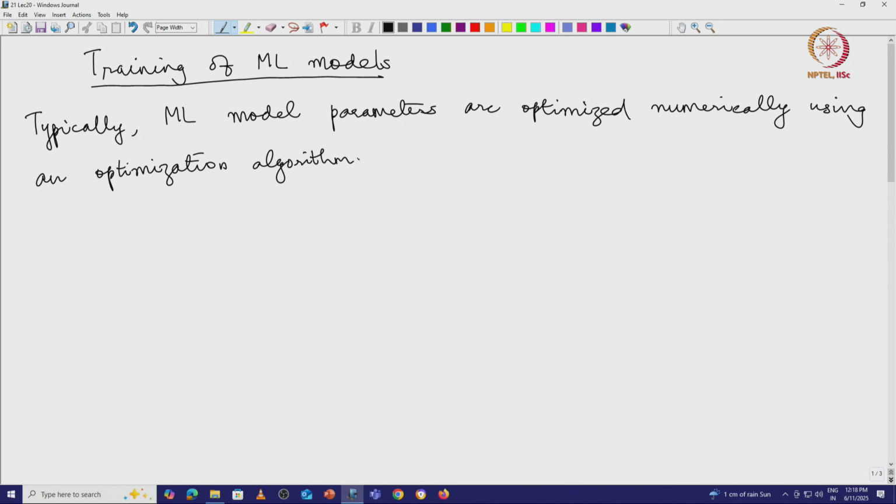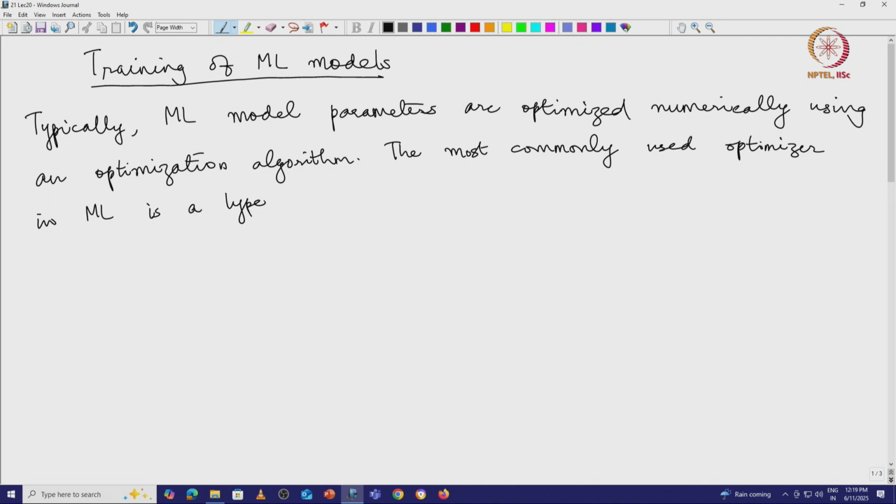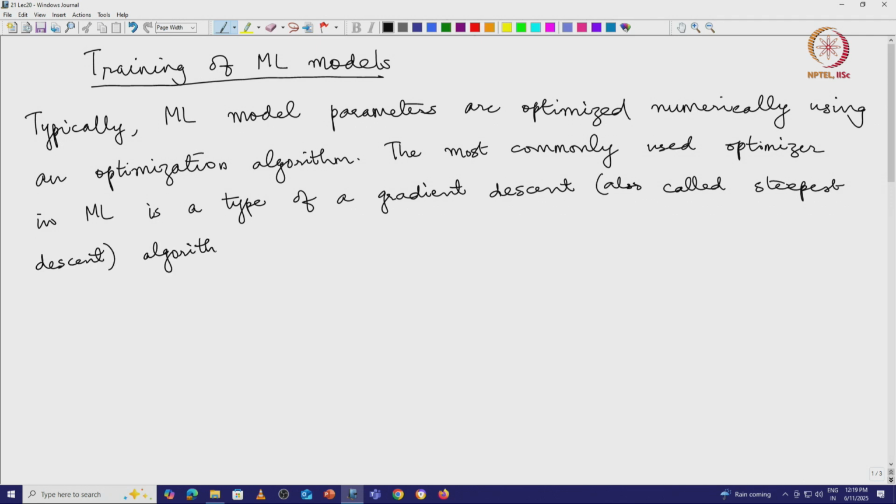Okay, and the most commonly used optimizer in ML is a type of a gradient descent, also called steepest descent algorithm, right.